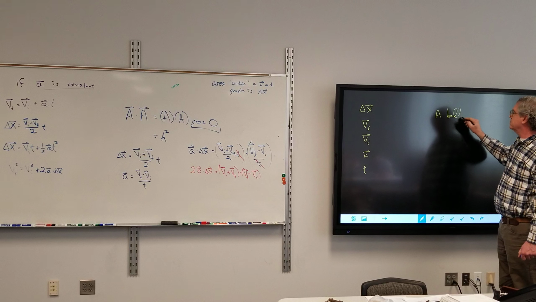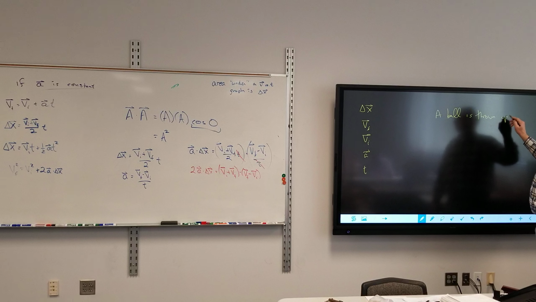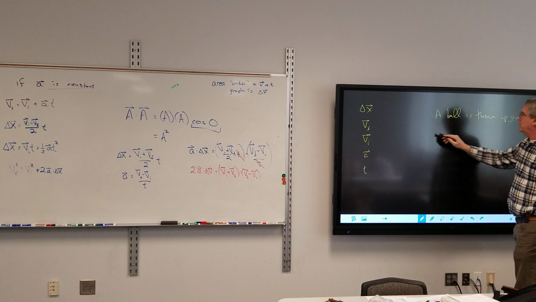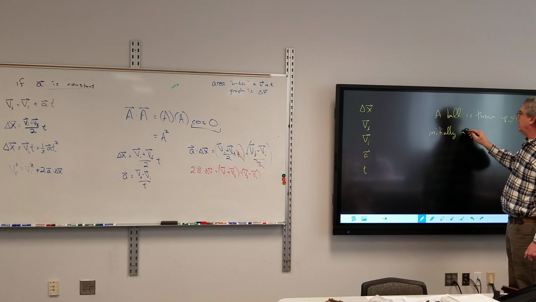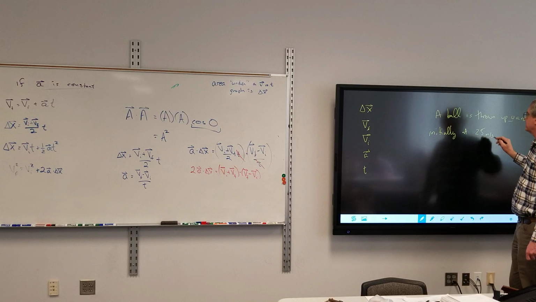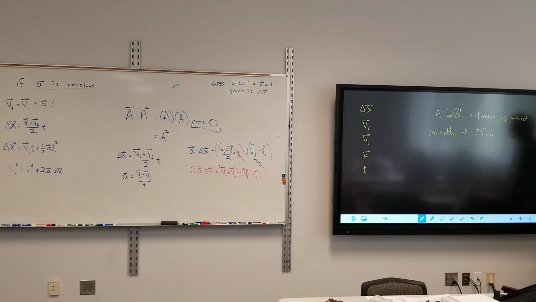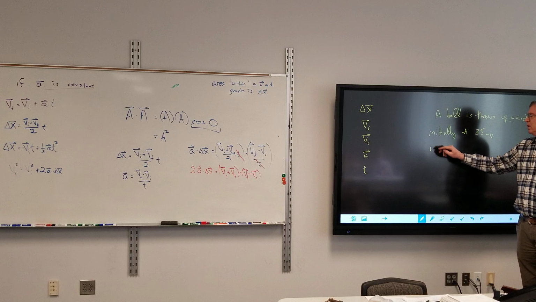A ball is thrown upward initially at 25 meters per second. It's about 54 miles an hour.